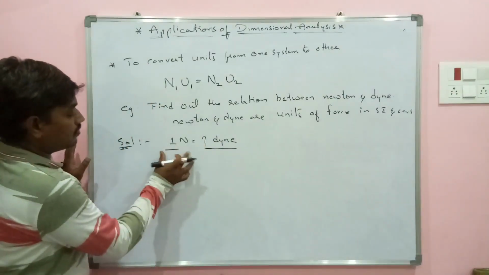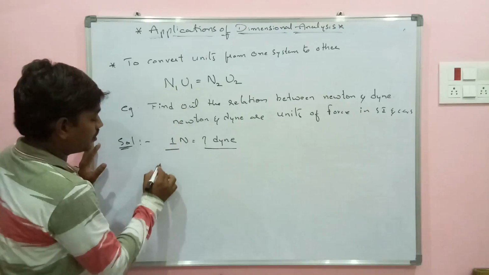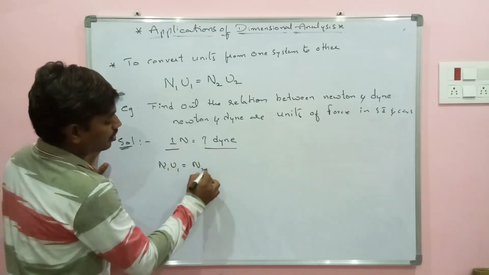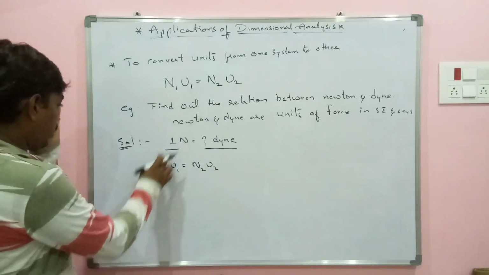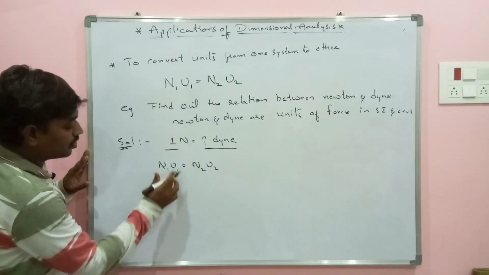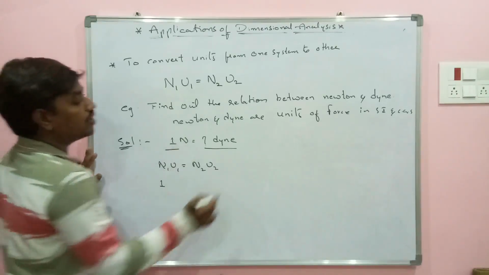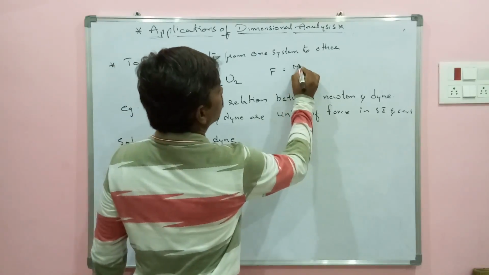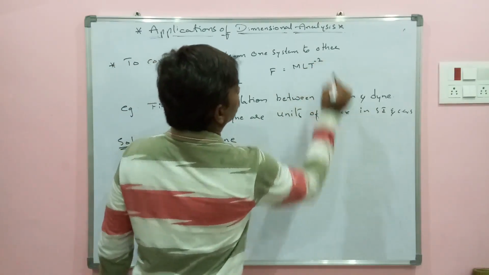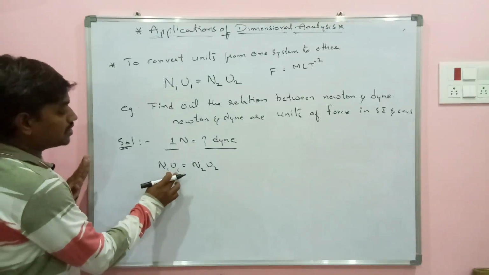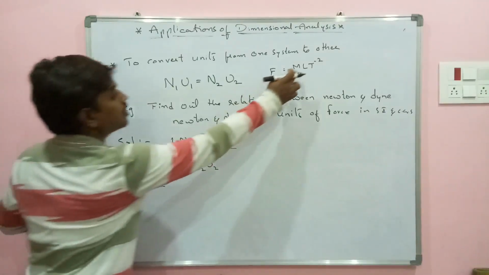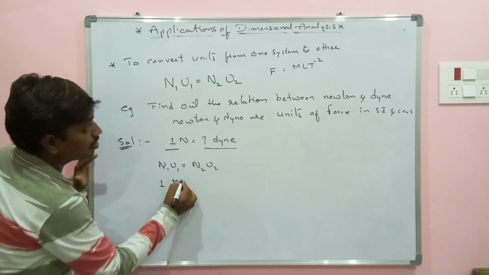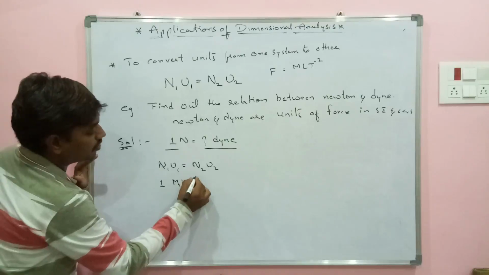So if I write this using the formula N1 U1 is equal to N2 U2, here N1 is 1. U1 stands for Newton. Newton means the force dimensional formula, I can write it as M L T to the power of minus 2. So in place of Newton, I can just write its dimensional formula as M1 L1 T1 to the power of minus 2.